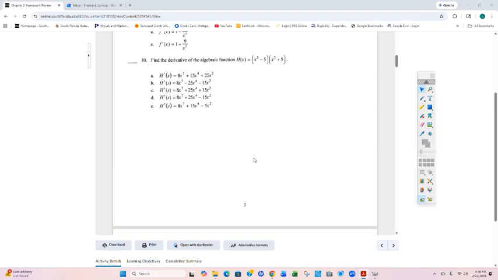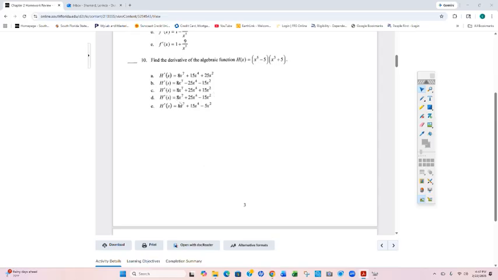A, h prime of s equals 8x to the 7th plus 15x to the 4th plus 25x squared. B, h prime of s equals 8x to the 7th minus 25x to the 4th minus 15x squared. C, h prime of s equals 8x to the 7th plus 25x to the 4th plus 15x squared.